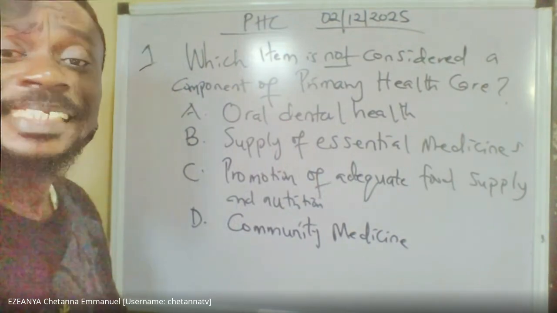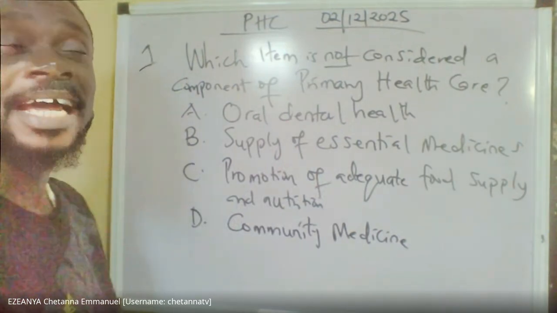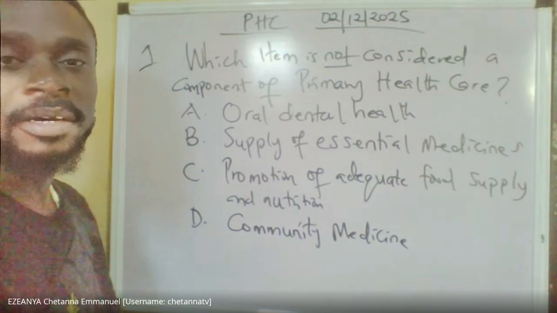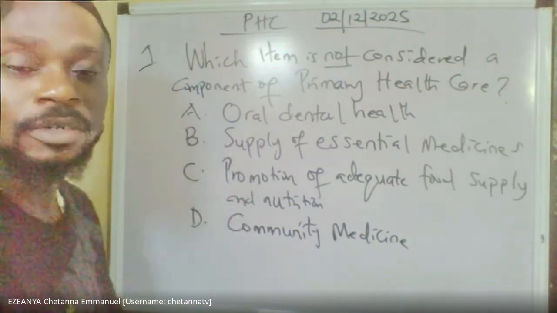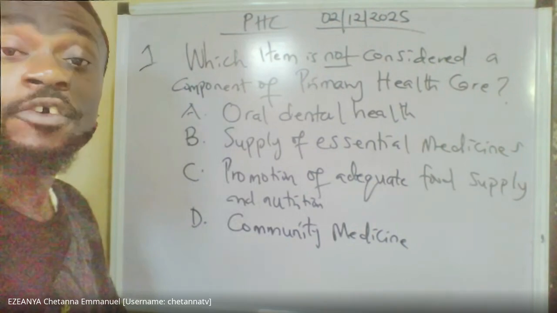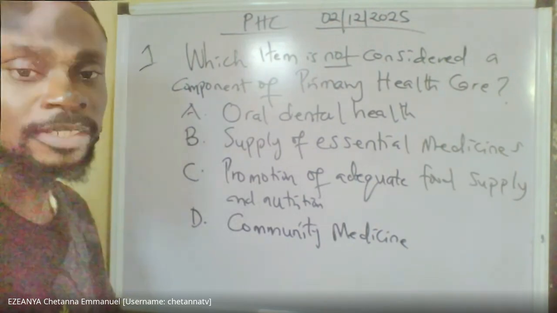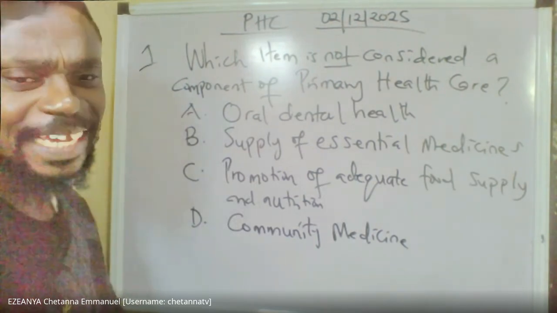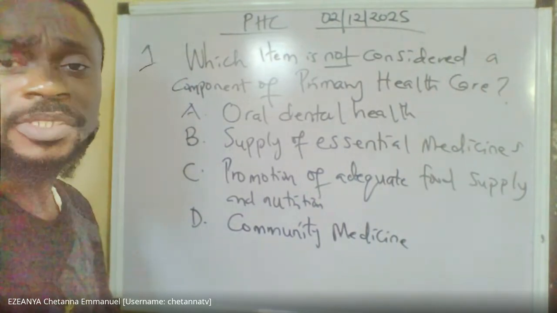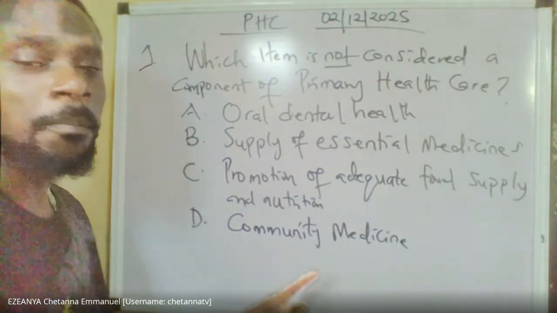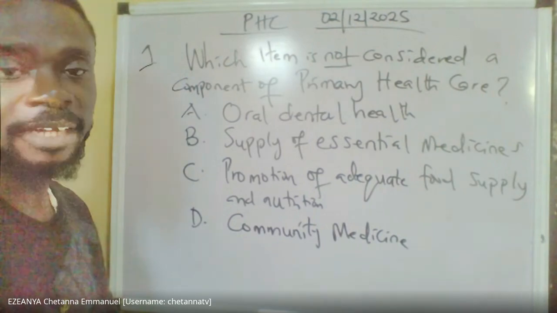Community medicine is an academic or clinical discipline. It's a field of medical work, practice and education. So it's not a discrete component or service found under primary health care.